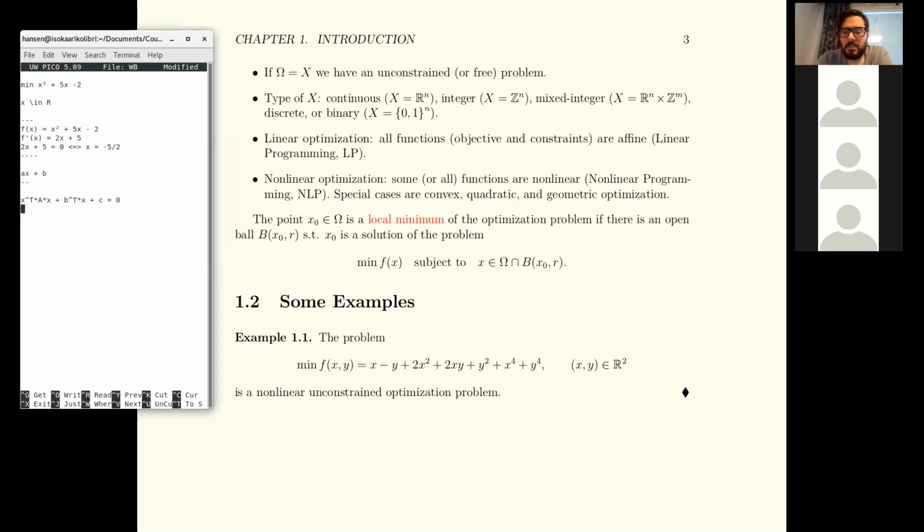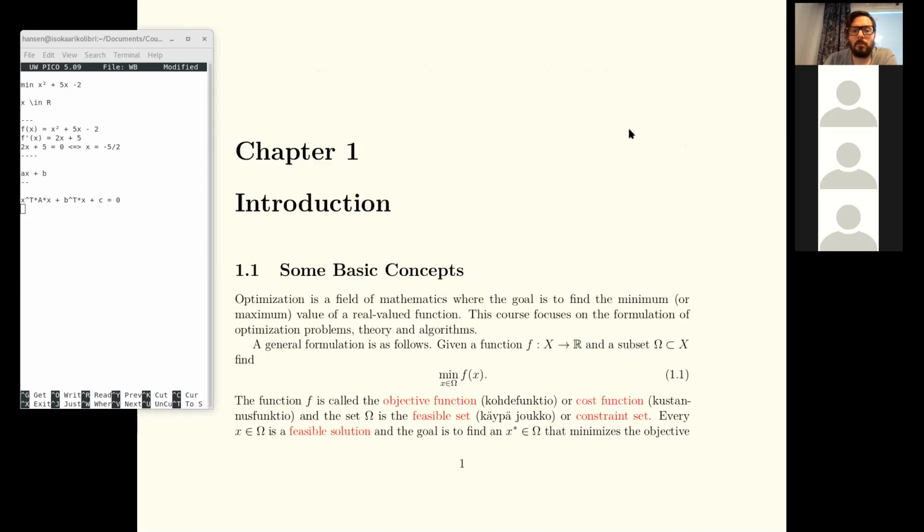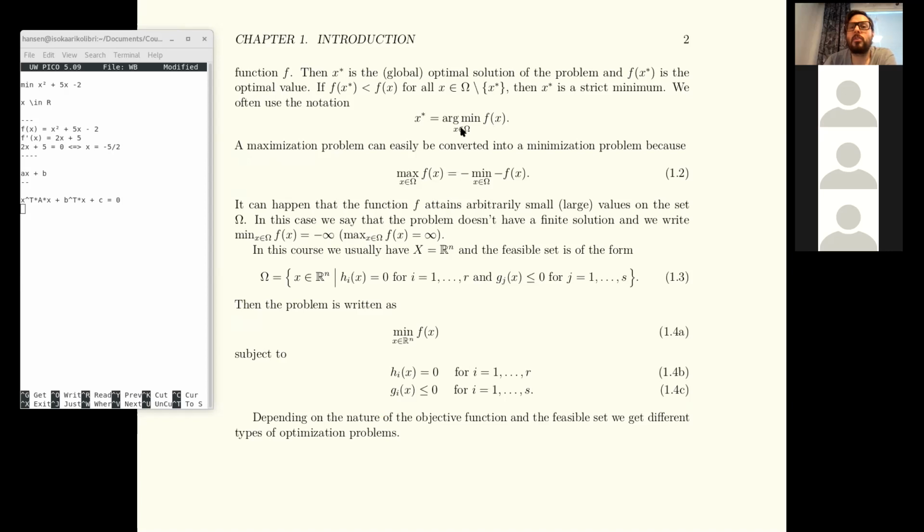One concept we said earlier, and I'll just show here, we said the global optimum was an optimum x star, whereas the optimal value, it minimizes the objective function over the whole set. So nothing in this set omega gives a smaller value to this f of x than this x star.